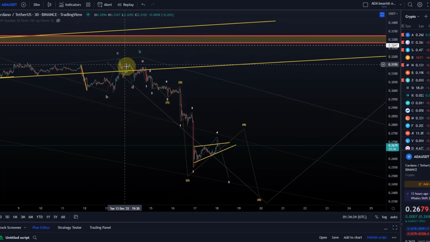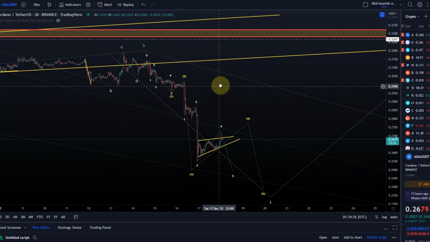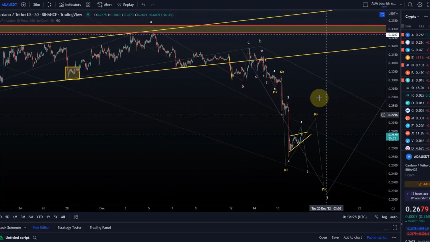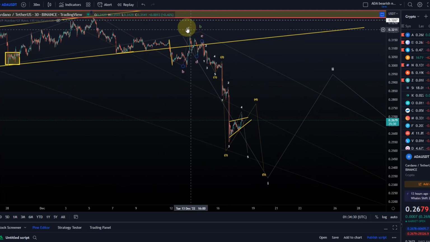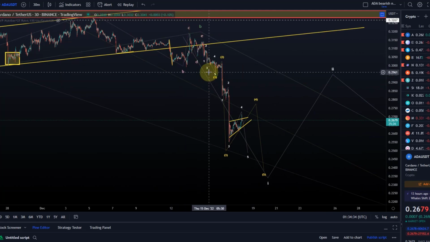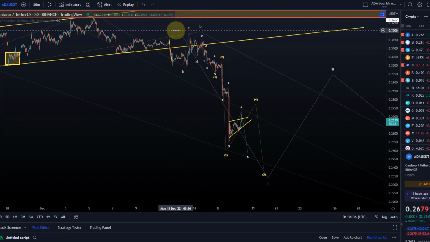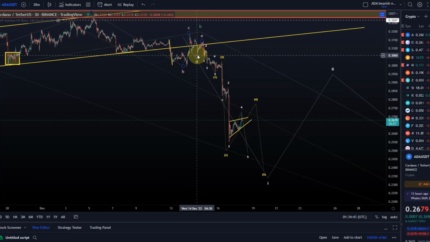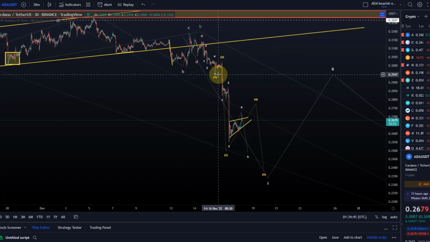If we count this whole move here as a diagonal, because if I'm looking at this wave C as a diagonal, a so-called 3-3-3-3-3 pattern where all of the subwaves are ABCs, then this might be possible. I would probably find a way to count this here as an A wave, a B wave, and a C wave.